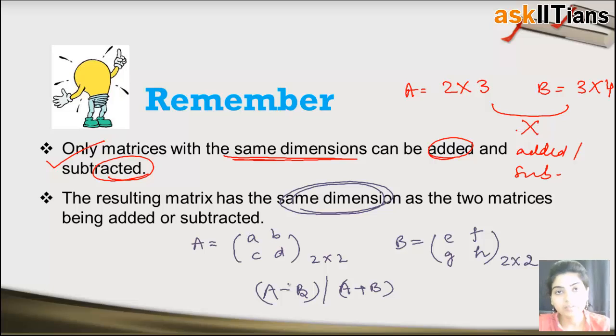The resulting matrix will have the same dimension, that is 2 cross 2. Got it? That means the dimension of the resulting matrix does not change. It is the same as the initial matrices on which the algebraic operation is performed.